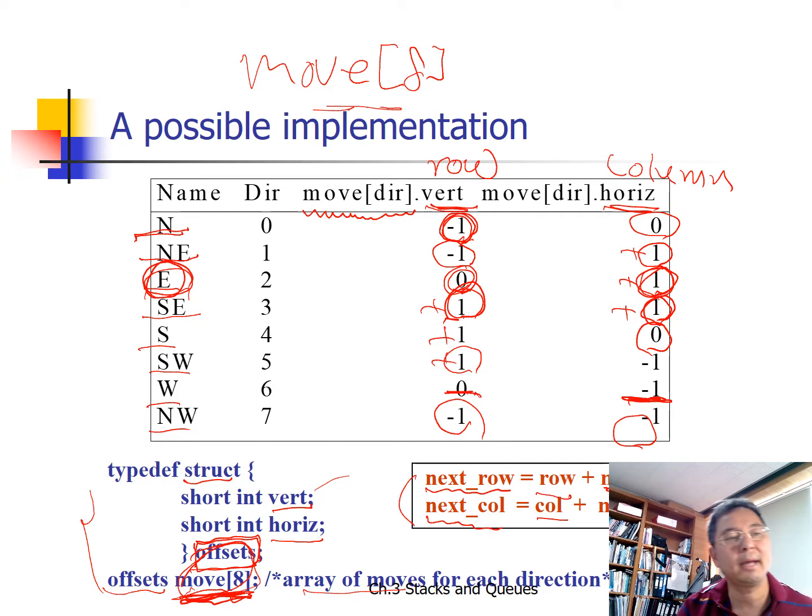In this way, we can calculate the next row and next column values using this offset move array. So this is a very clever design to represent the possible moves or possible directions in the maze problem.